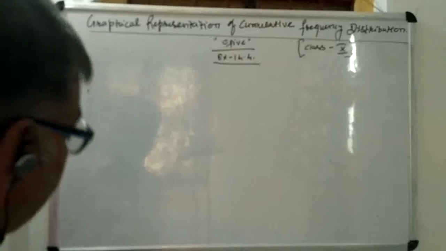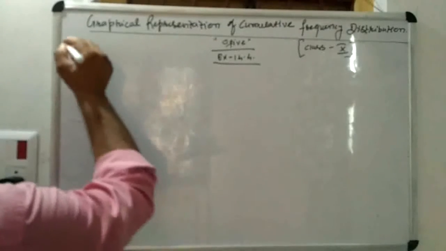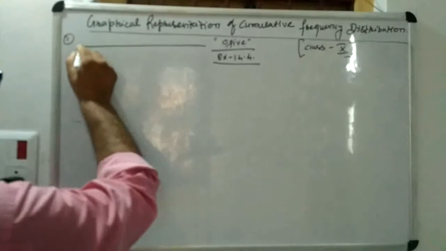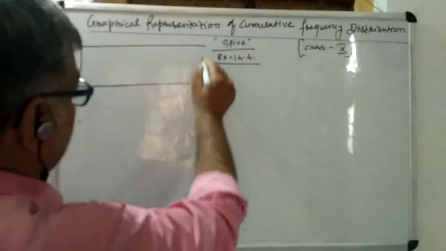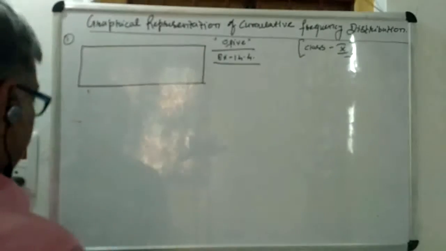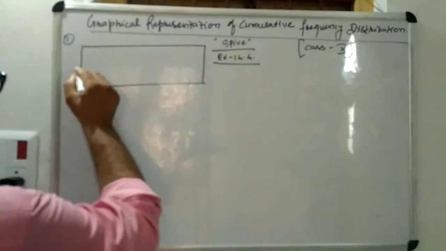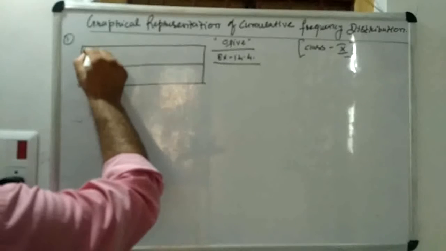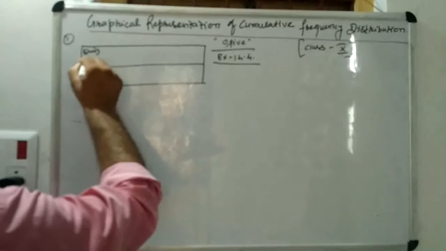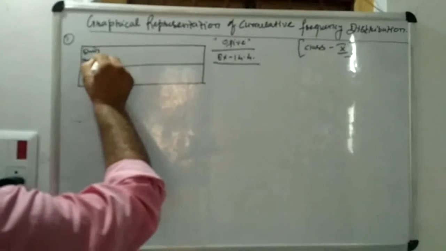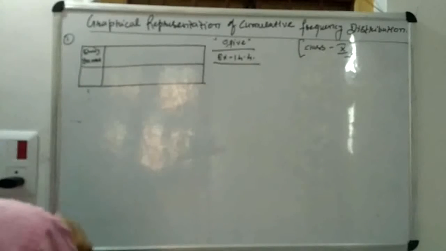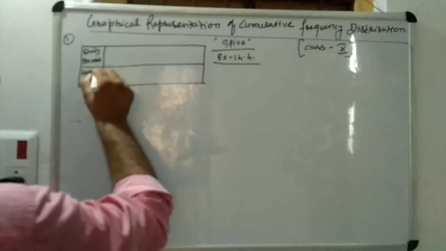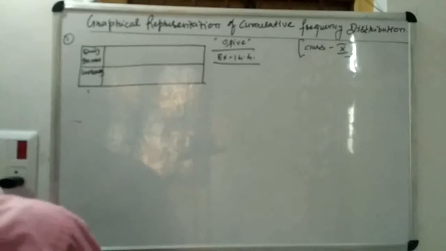Now first we prepare the chart. This is question number 1, and your chart is given like this. Daily income and number of workers.